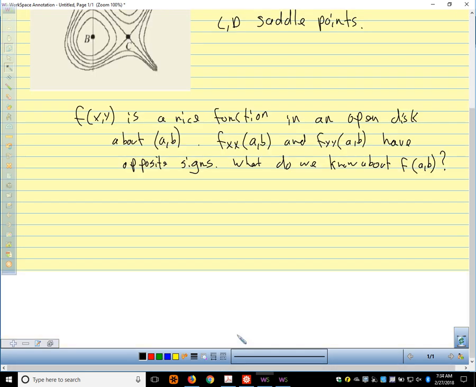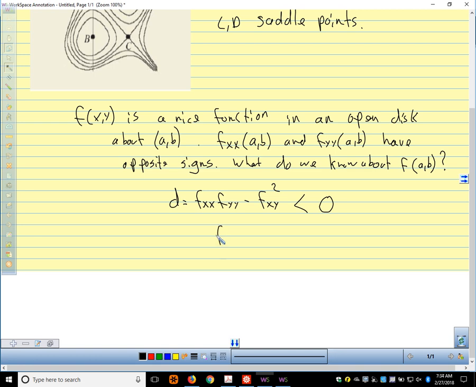It's a saddle point, because in that case we have D, our discriminant, is f sub xx times f sub yy minus f sub xy squared. If these are opposite signs, that quantity is going to be negative, and we subtract something there, so we get less than 0.